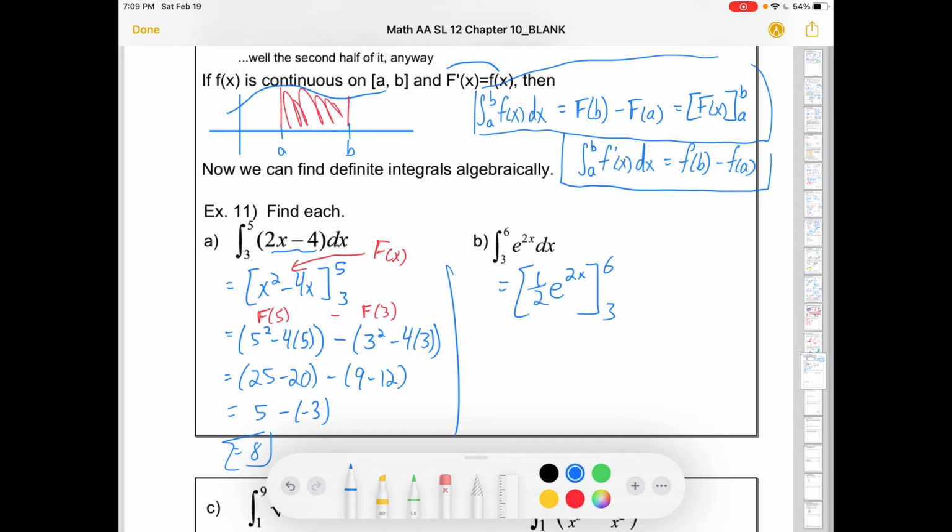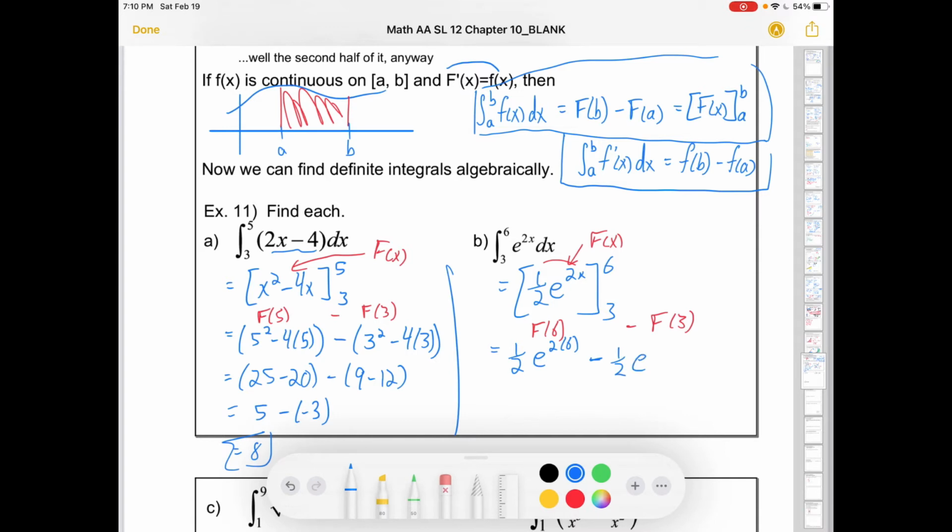Now that I've got that, I just sub in. So I'm going to do big F of 6, right? This whole thing is the antiderivative minus big F of 3. And I'll show every gory little step here. I'll show this as 2 times 6. But I think you probably just want to put that in as 12.